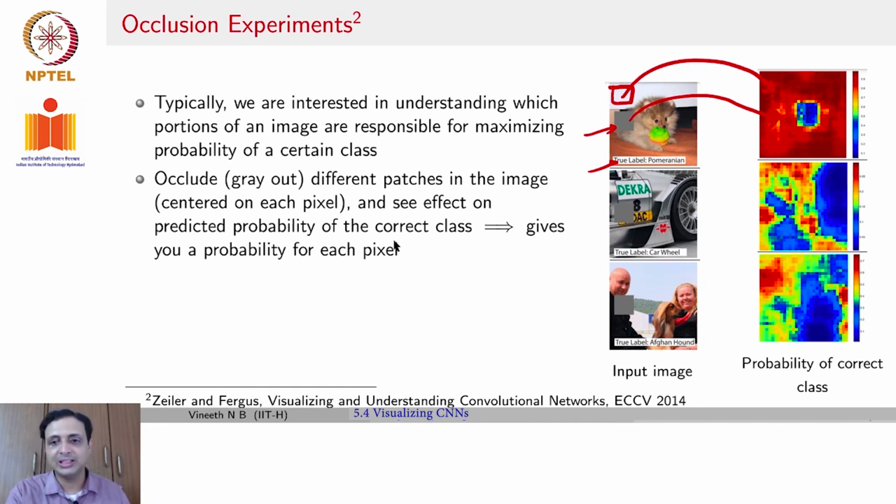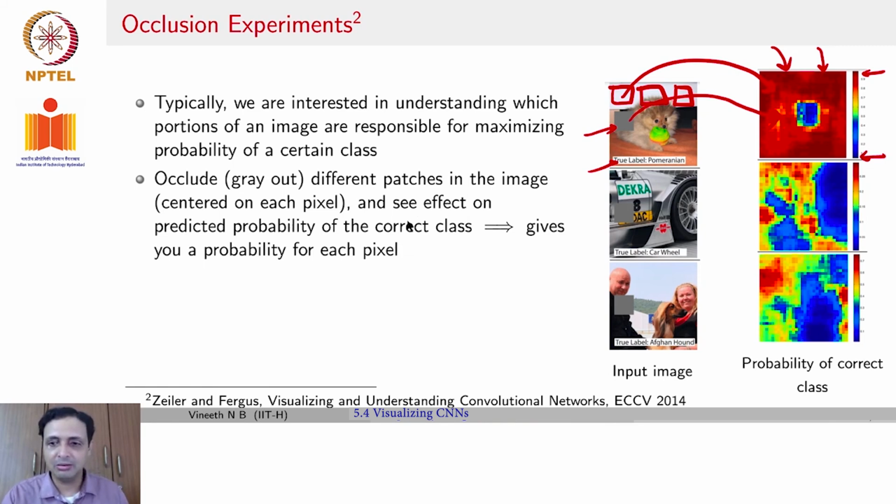So by moving your gray patch across the image, you will have an entire heat map of probabilities of whether a pixel or a patch around a pixel reduces the probability of a Pomeranian, or keeps it the same. In this heat map, red is the highest value and blue is a lower value.